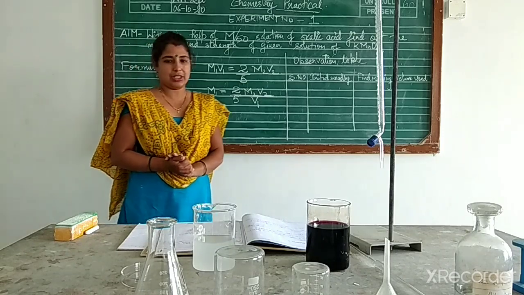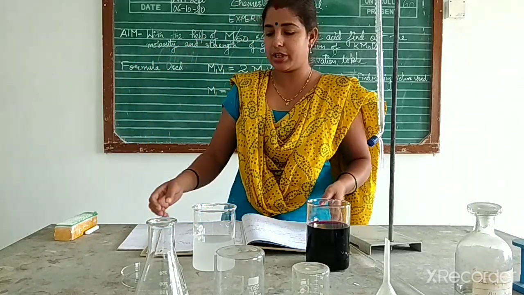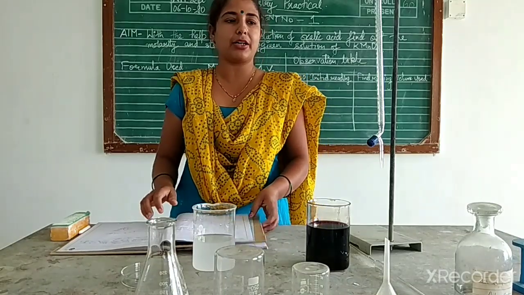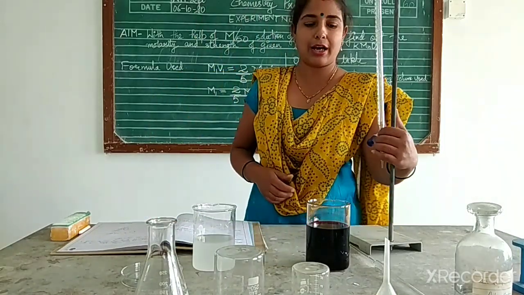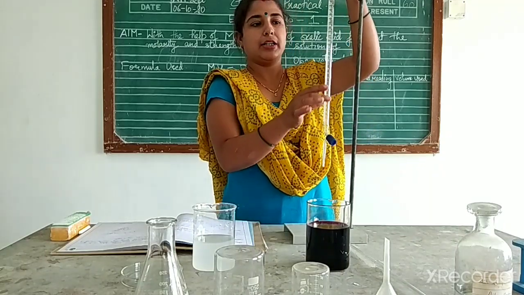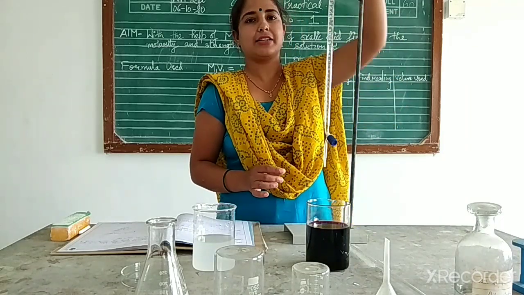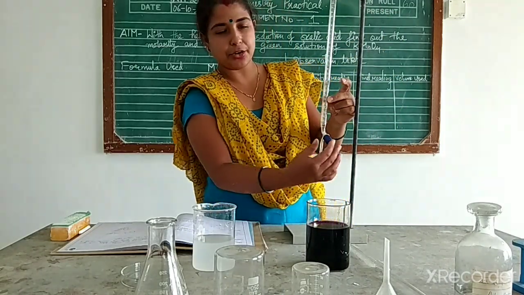Now let us start with the experiment. Before starting, let me introduce you to some of the laboratory apparatus that you have not used till now. See, this is a burette. This burette is hanging on a clamp stand, and this burette has got the knob here.